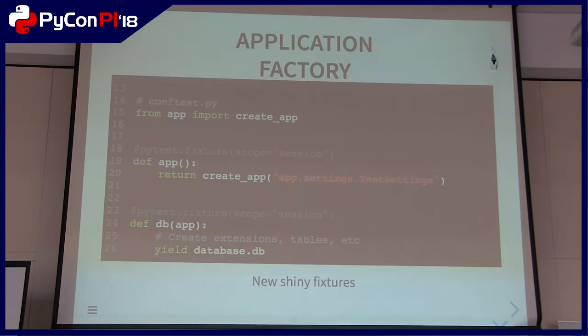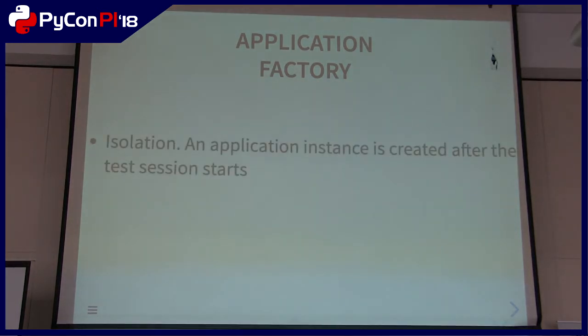So now we have this behavior isolated, and we could parameterize it with different settings. So we got some flexibility here, and the application instance is created after the test session starts, so we don't have any side effects on import.